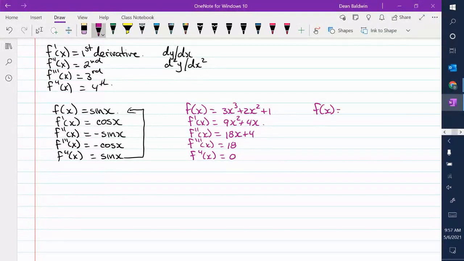F of x is equal to, let's make this x to the 7 plus 2x squared plus cos of x. And I said, I wanted to know what is f of 8 equal.